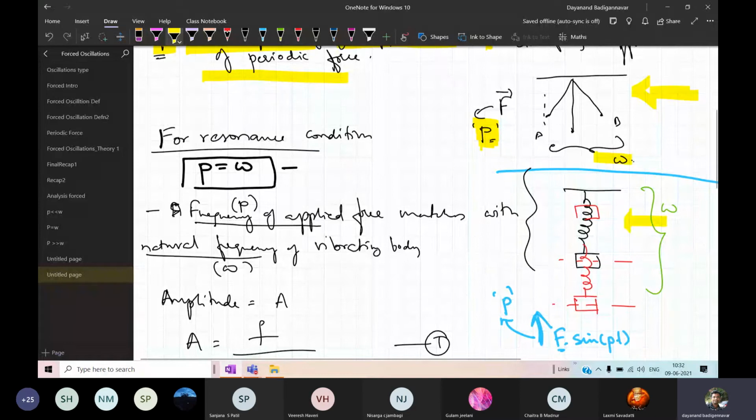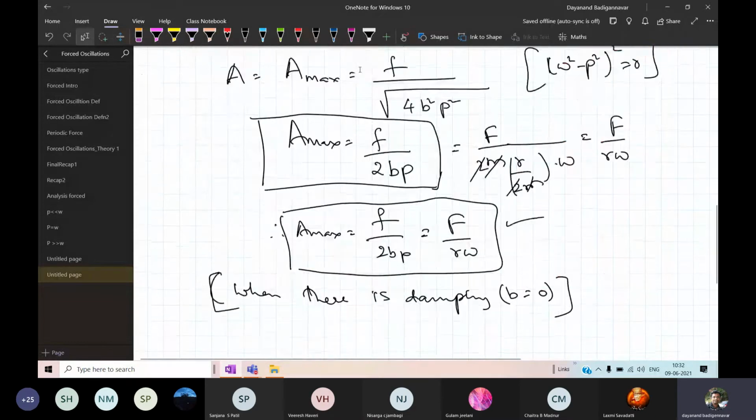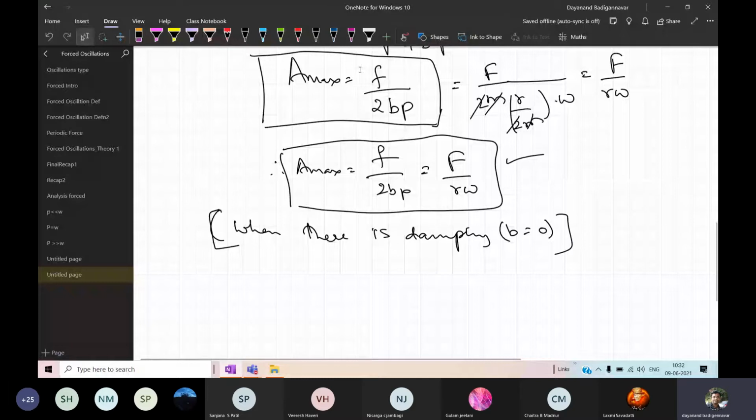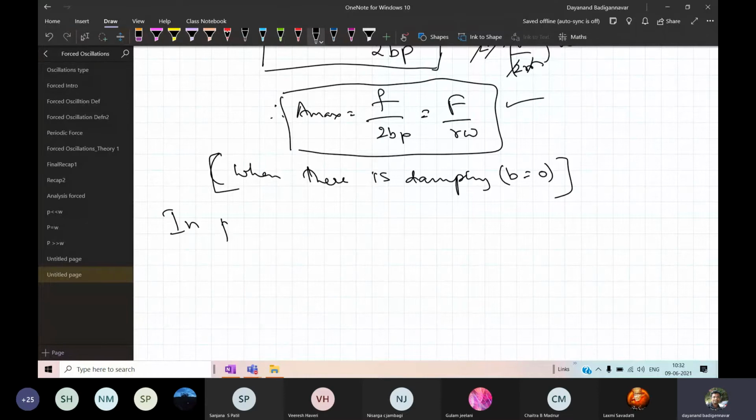Keep in mind, in the presence of damping, you get a different equation. In the presence of damping B, what is the resonance condition?